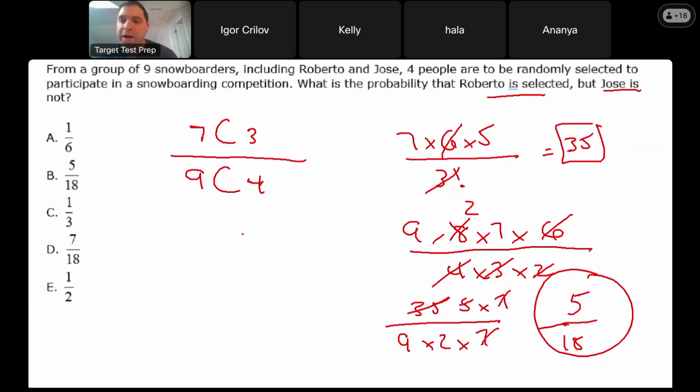All right. TTP can be enough. A lot of the times, that's all students use. If you want extra practice, yes, you could use the official guide. You don't need more than that.